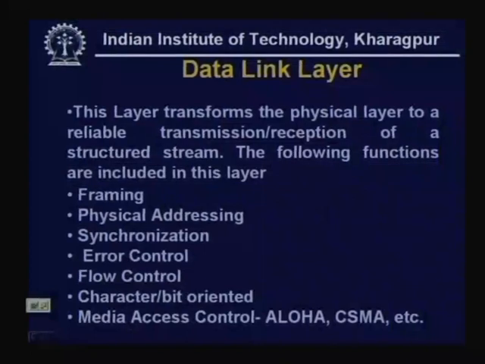The raw stream is transformed into reliable transmission and reception of a structured stream, and the functions performed are framing, physical addressing, synchronization, error control, flow control, and it also decides whether the transmission will be character oriented or bit oriented. And as we shall see, whenever communication takes place among multiple people, it will do medium access control. That means a medium is shared by a large number of people.